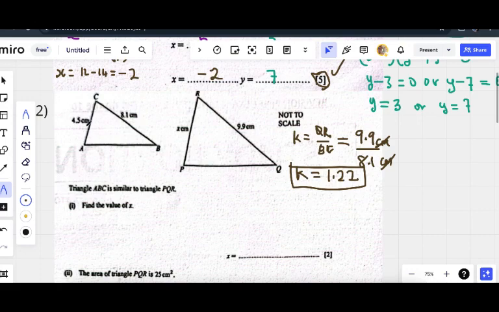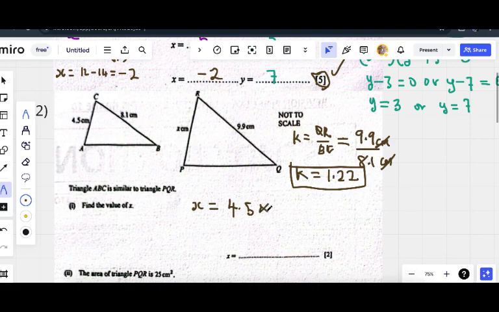They are also corresponding. So what you do, if they give you the small one and you want the big one, you multiply the small one with the scale factor you just calculated. So X is the value of the small side, corresponding side AC, which is 4.5, multiplied by our scale factor K, which is 1.22.